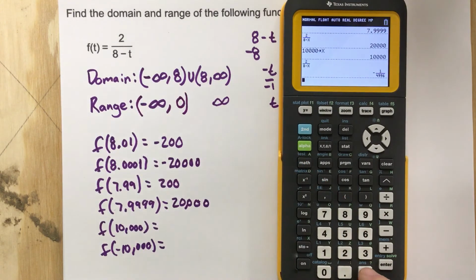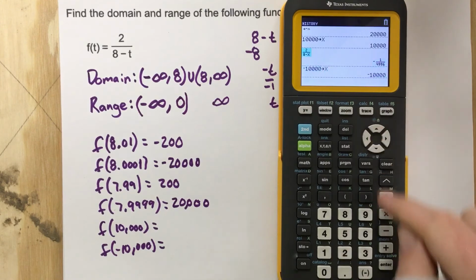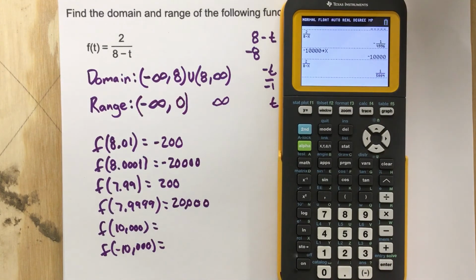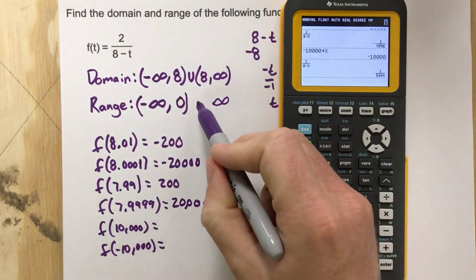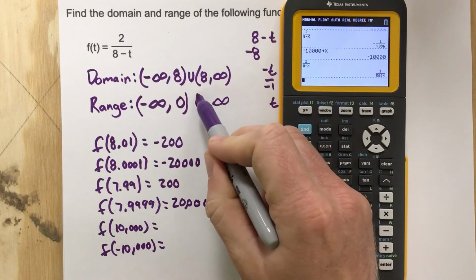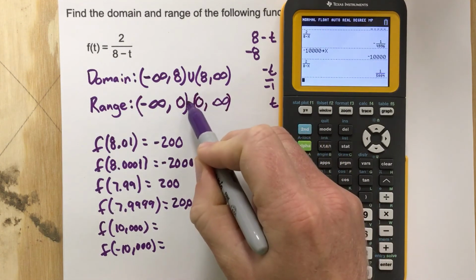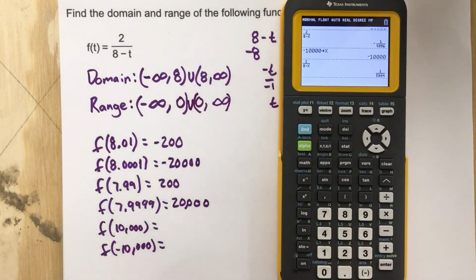Do the same thing for negative 10,000. Store it as x. Again, I get a really small number, so I'm approaching 0 from this side. So my range is going to go from negative infinity to 0, and then 0 to infinity for this rational function.